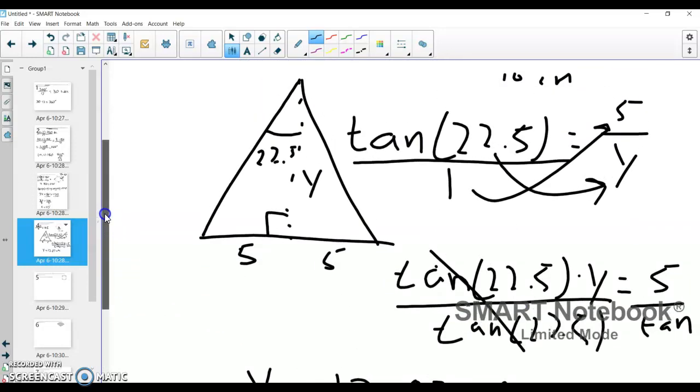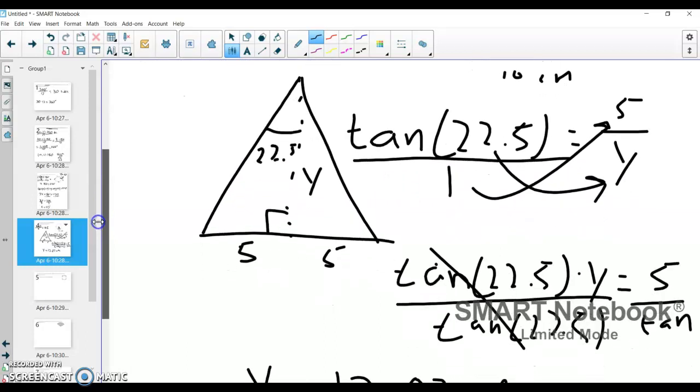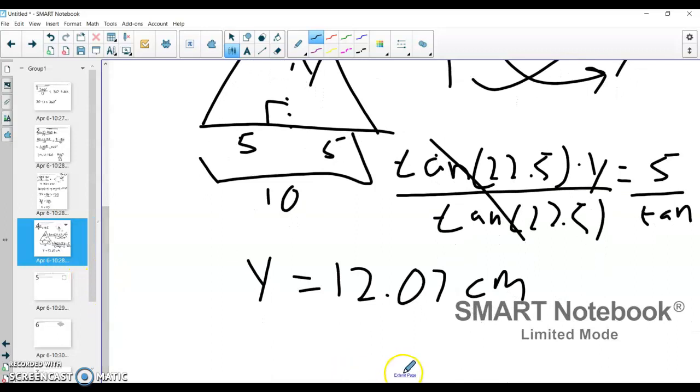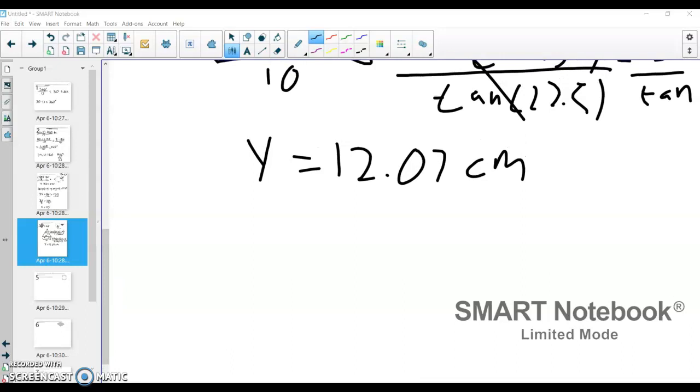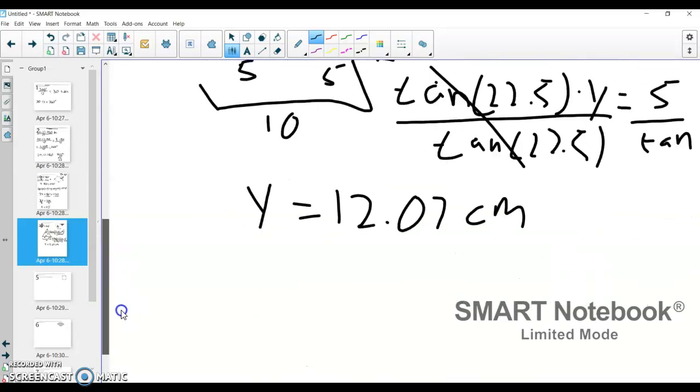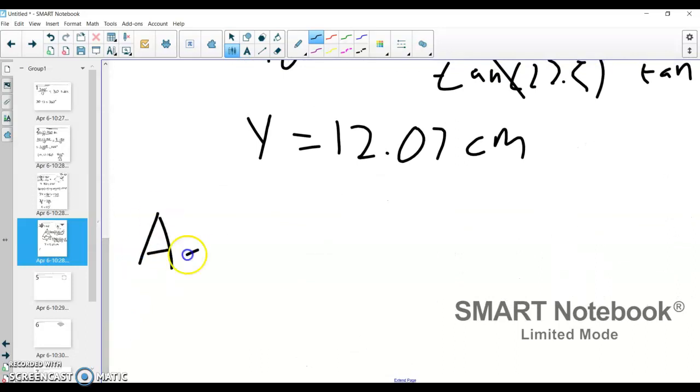All right, and that one, again, like I said, is kind of nice because that's the only trigonometry we have to do. Now we have this base, which is 10. We have a height, which is 12.07 centimeters, and we can use my equation to find the area of this one triangle. And area of one triangle is 1/2 base times height.